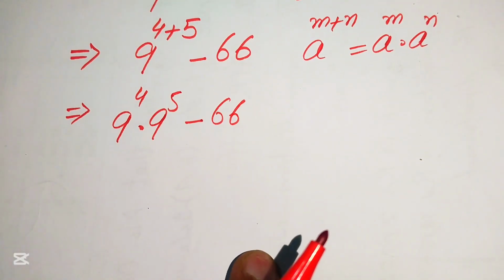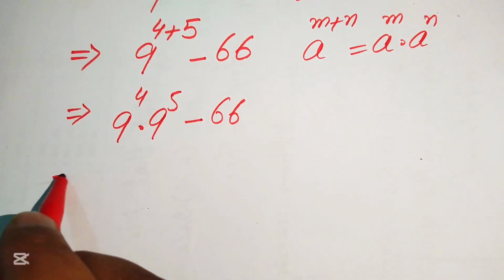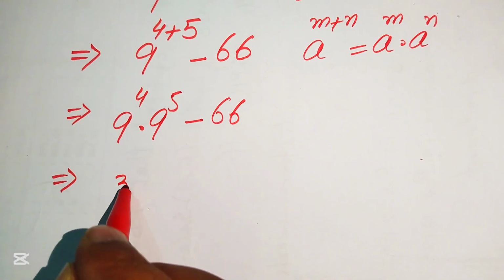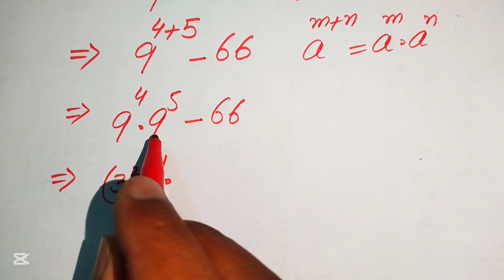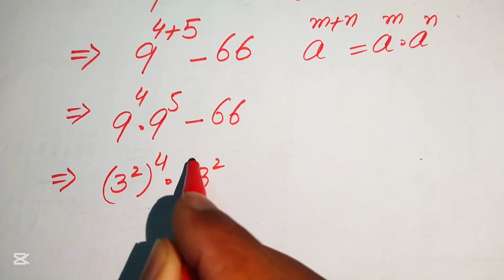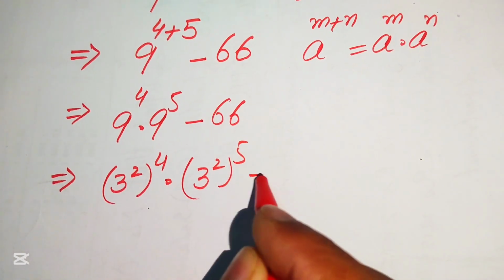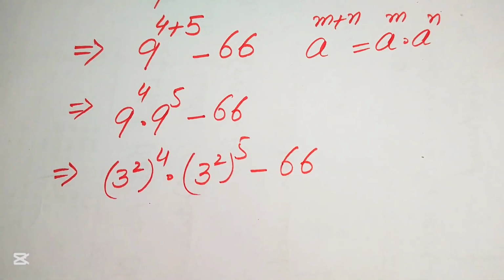And after that we write this 9 as 3 square and its exponent is 4, and we again write this 9 as 3 square and its exponent is 5 minus 66.